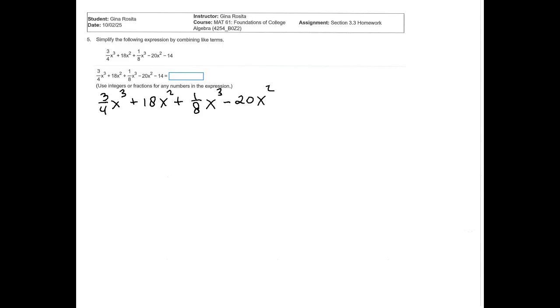Now I'm going to put together the cubes: 3 over 4 x cubed plus 1 over 8 x cubed.